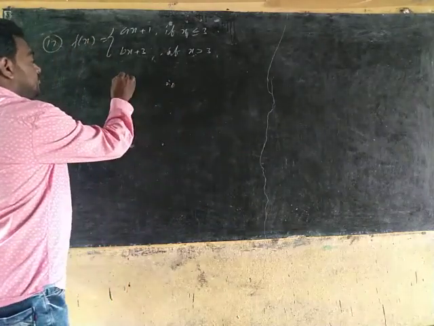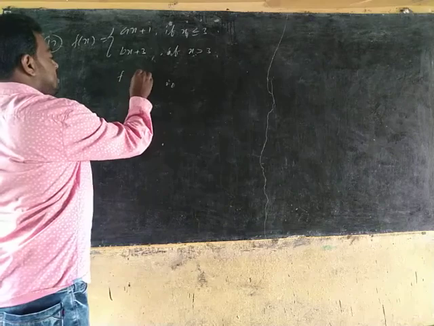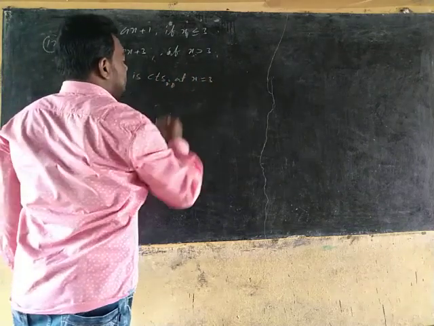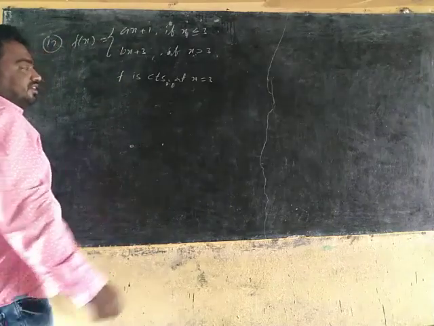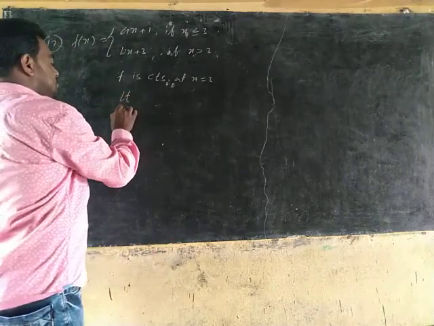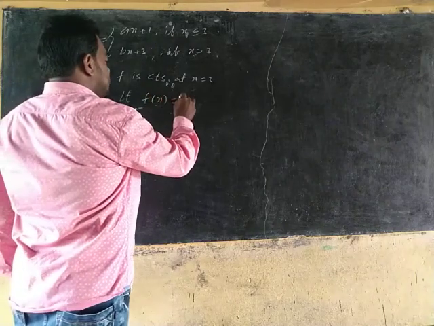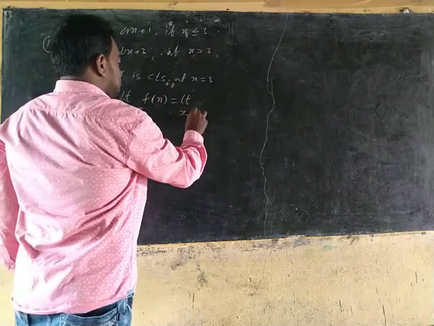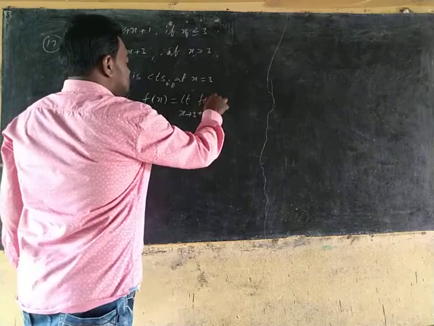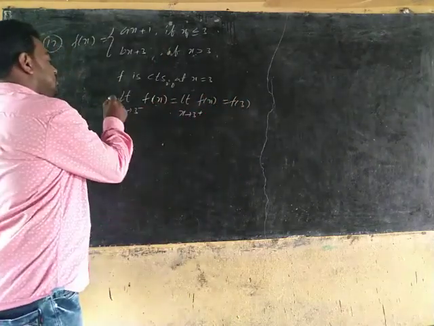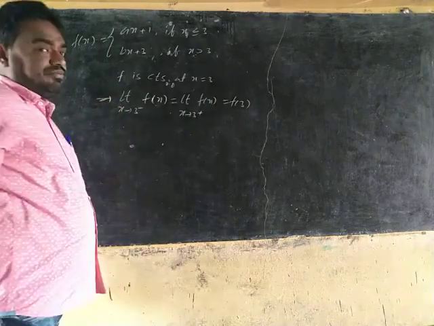What they given, f is continuous at x equals 3. By the definition of continuity, limit x tends to 3 minus of f of x is equal to limit x tends to 3 plus of f of x is equal to f of 3.